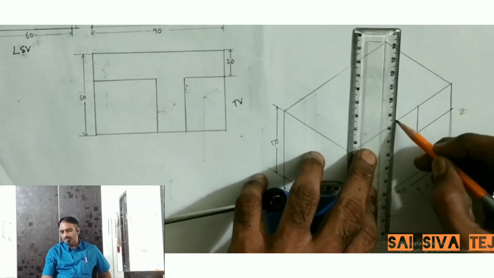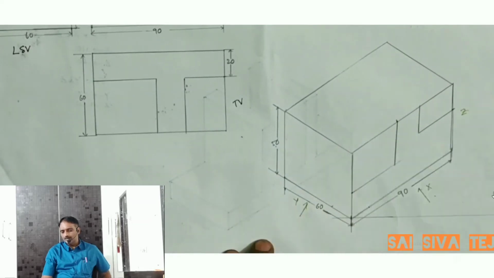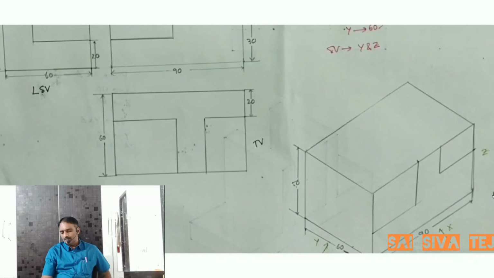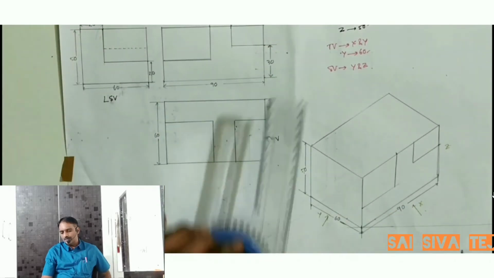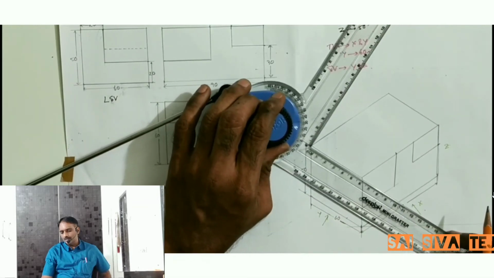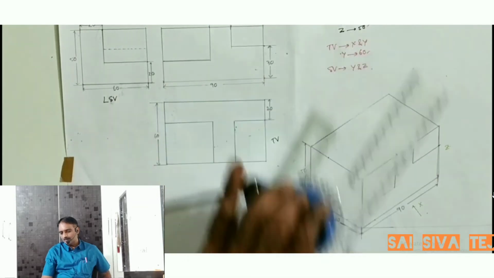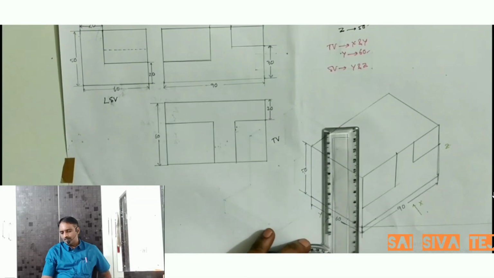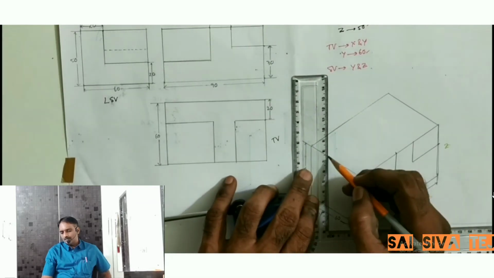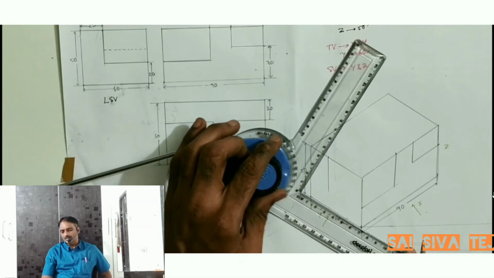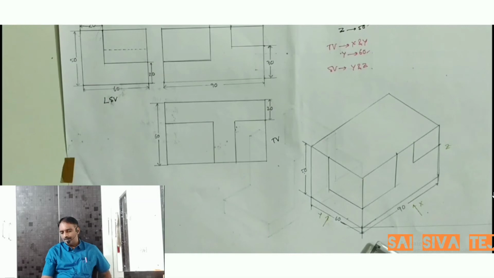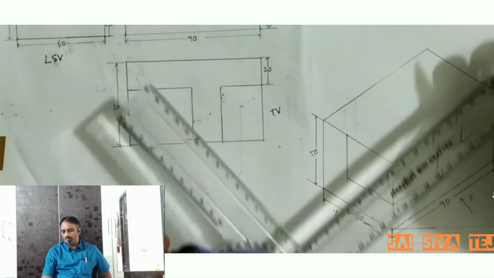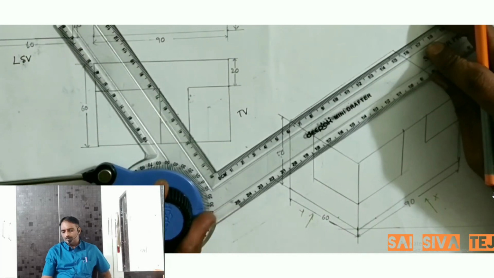And after that, let us go for the left side view. That is 20 units, and from here also 20. The usage of a mini drafter is going to help us a lot in developing the isometric views. Now let us go for the top view.